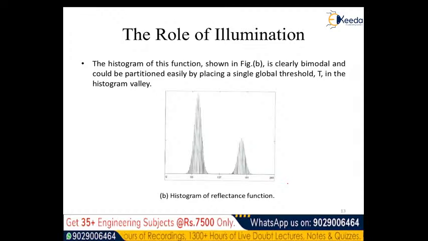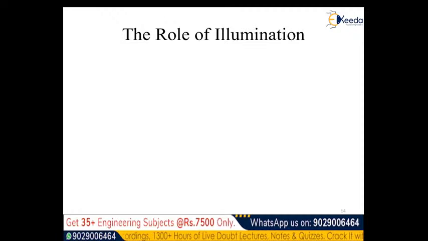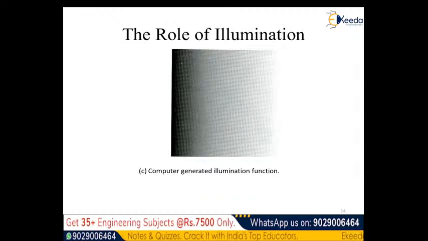Now we talk about the illumination function, the other component. So let us consider another synthetic, computer generated illumination function. Here we visualize it. Now you see there is a gradual change in the pixel intensity levels as we move from the left hand side to the right hand side. The values have a linear variation as we go from left to right.